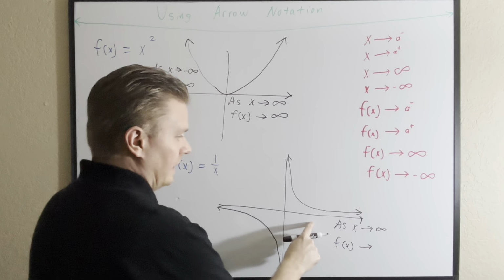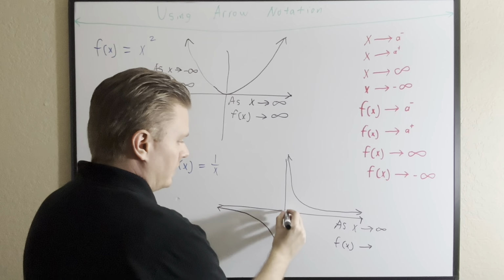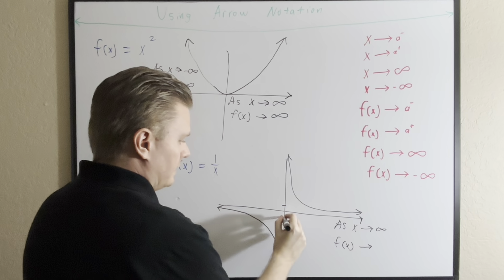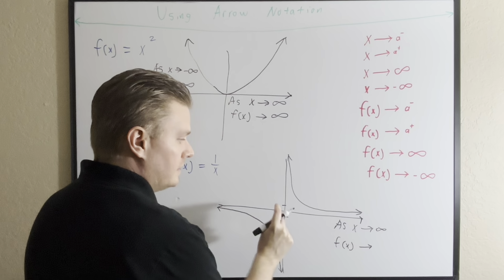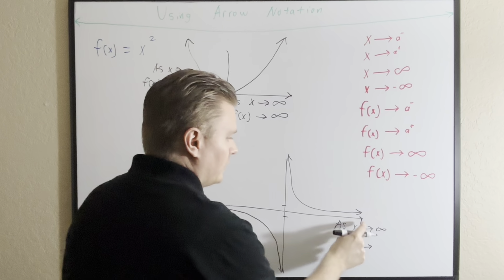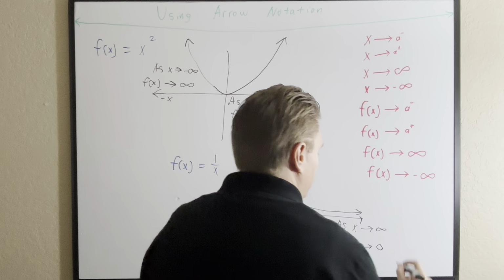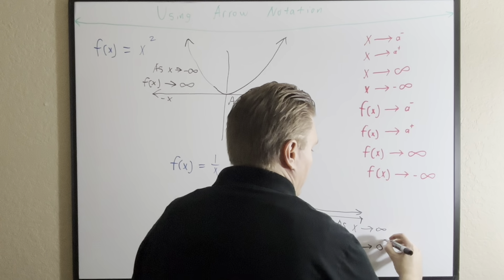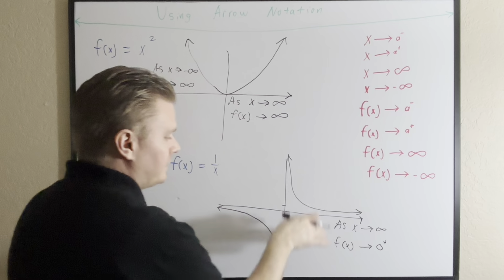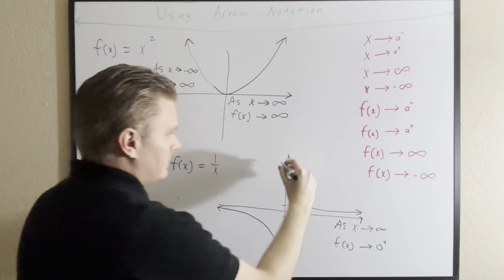Well, it approaches the x-axis, which on the y-axis is 0. So f of x is getting closer and closer to 0 from the positive side, right? Because we're above it.